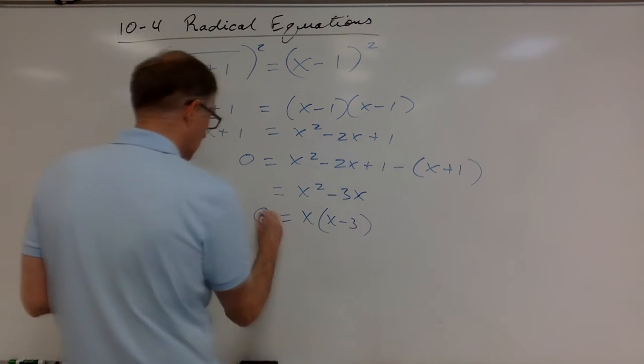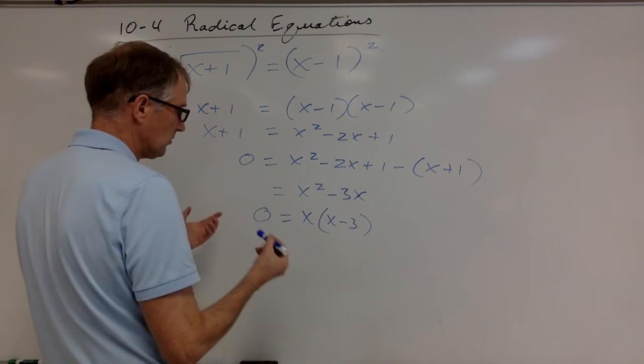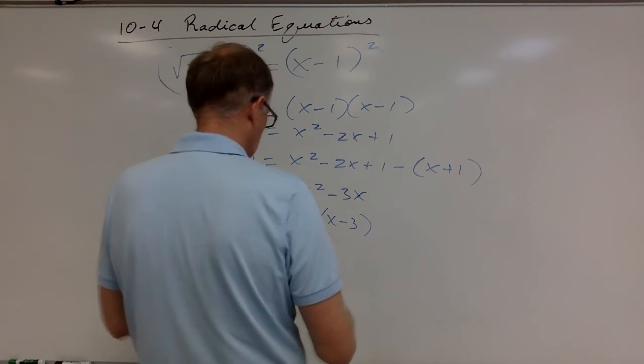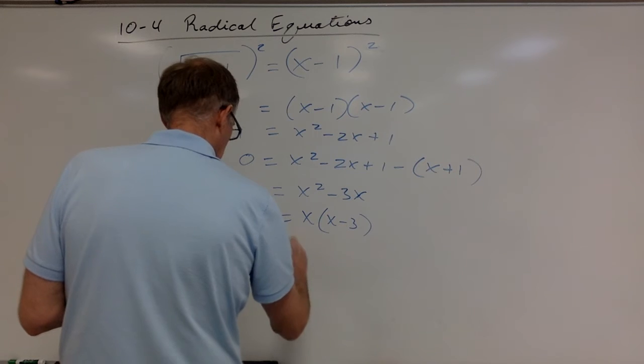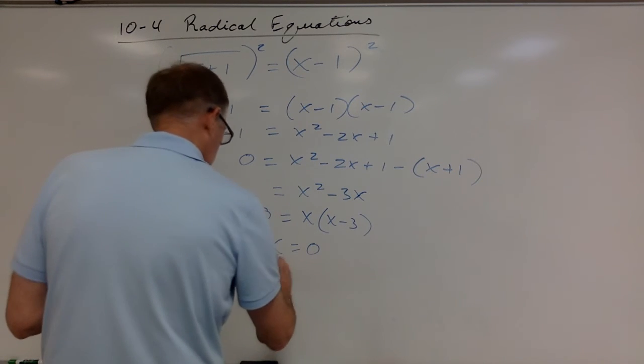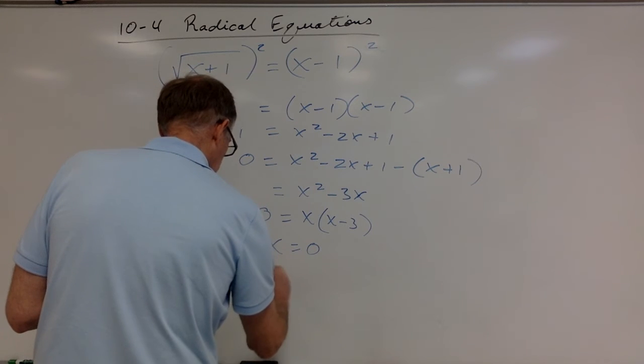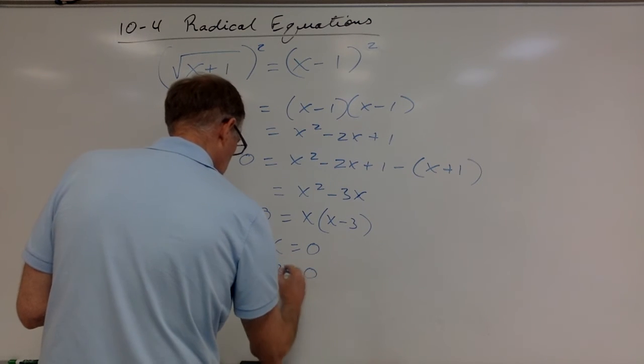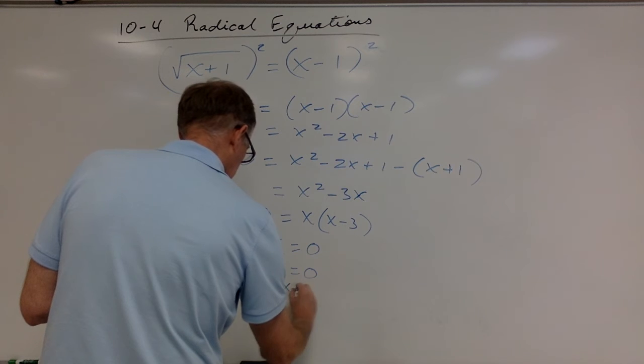Okay, so this is set equal to 0. So what are the solutions to this? Well, the solution is going to be x equals 0, or x minus 3 equals 0, which means that x equals 3.